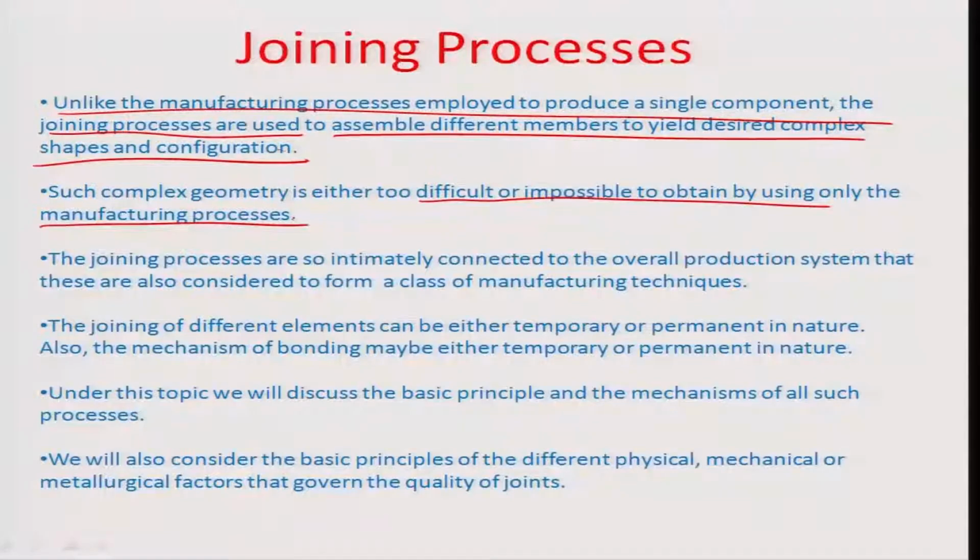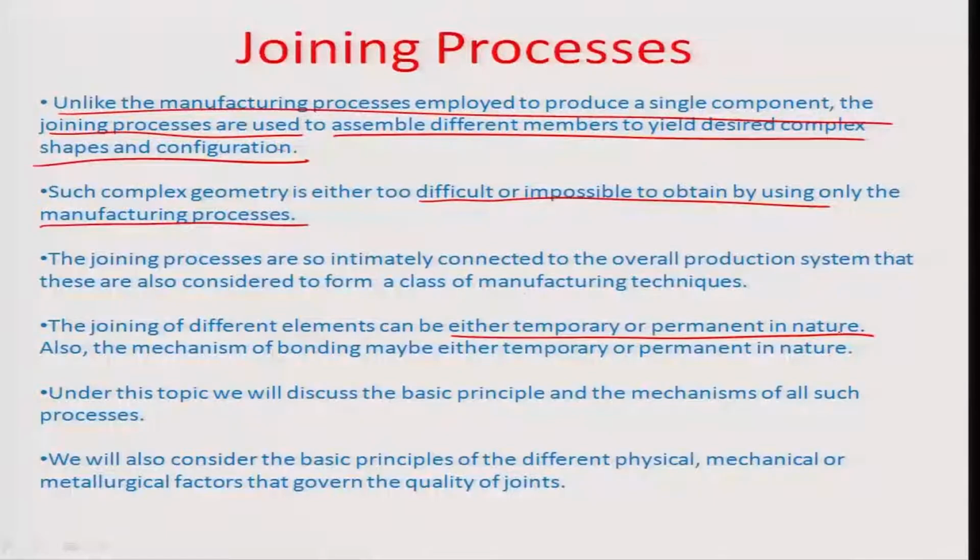The joining of different elements can be either temporary or permanent in nature. Also, the mechanism of bonding accordingly may be either temporary or permanent. For example, in a nut and bolt system, or screws which are joining two members in an assembly, we can easily open or close based on our convenience, and it can be recorded as a temporary joint.